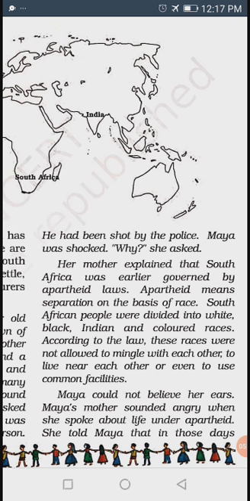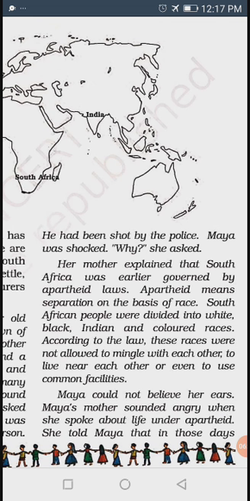See, what kind of government or laws were applicable in South Africa? Apartheid means separation on the basis of races. It means that South Africa was divided into black people, white people, Indians and the colored races.